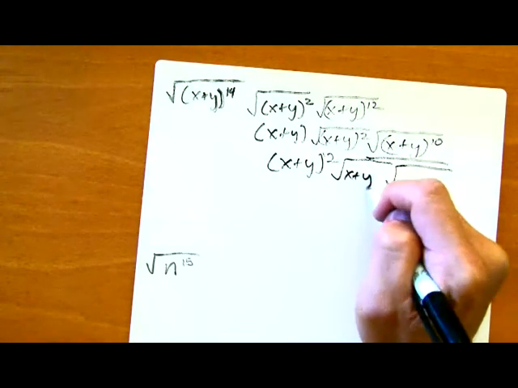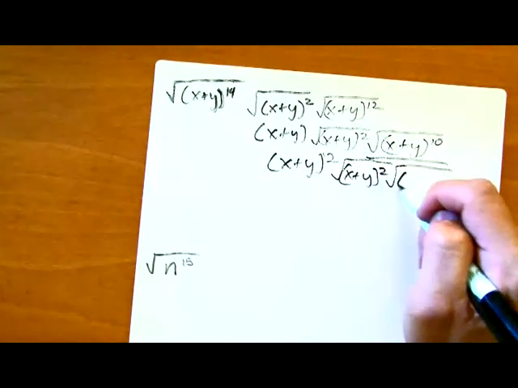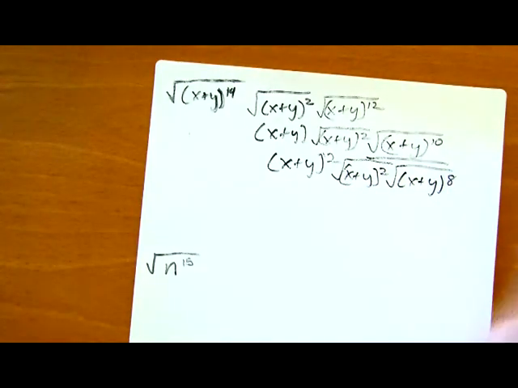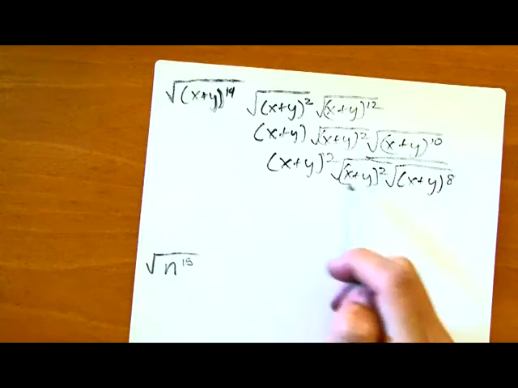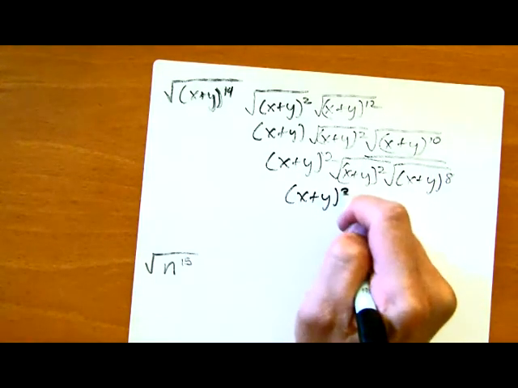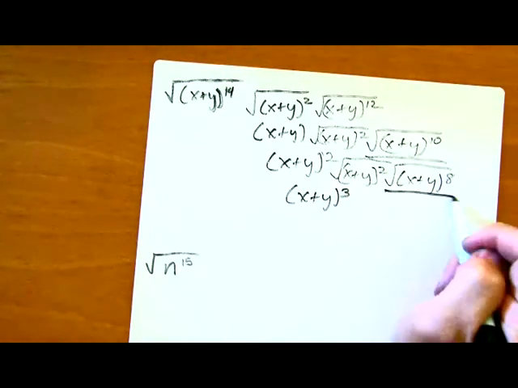x plus y to the second, x plus y to the 8th. This is another x plus y. With that would be x plus y to the 3rd. Can we go further with that?